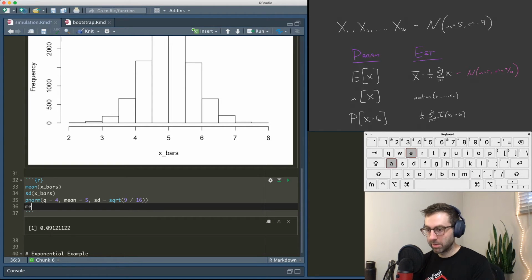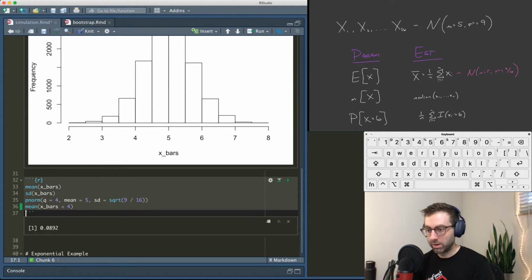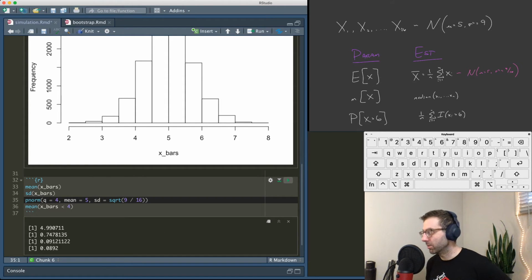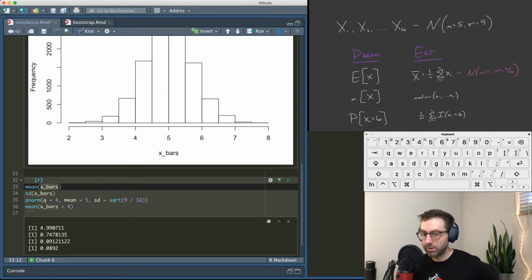Now let's look at the mean of the x bars less than 4. Pretty close. So essentially, supposing that we didn't know that x bar followed a normal distribution, we could use the empirical distribution of these x bars that we created as an estimate for that distribution of x bar.